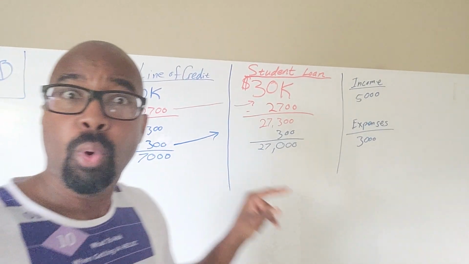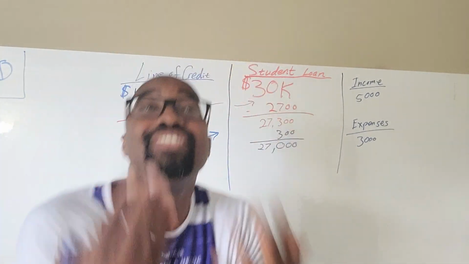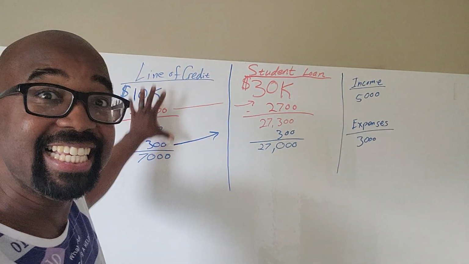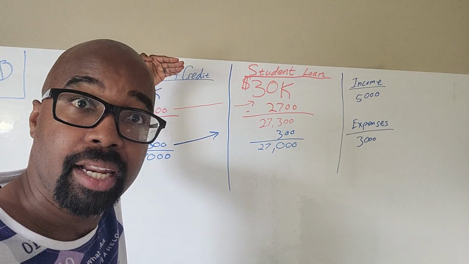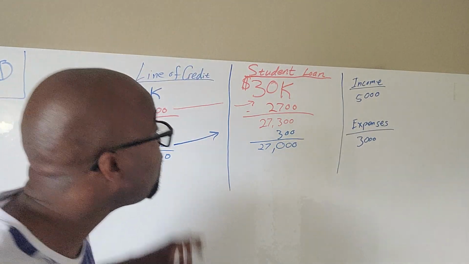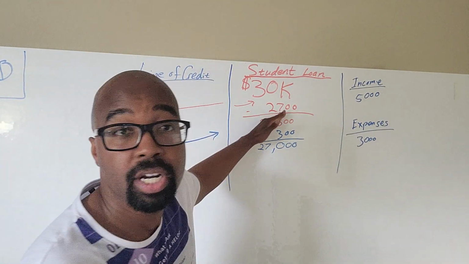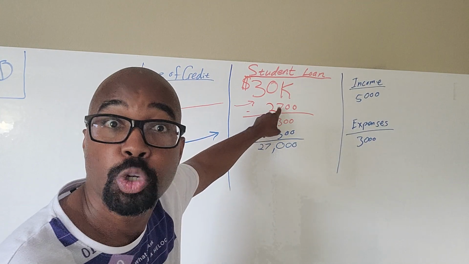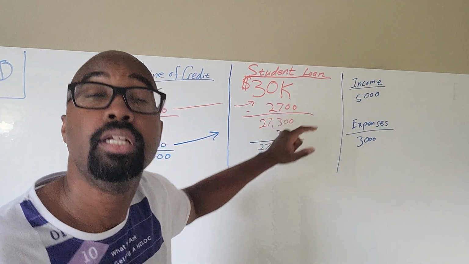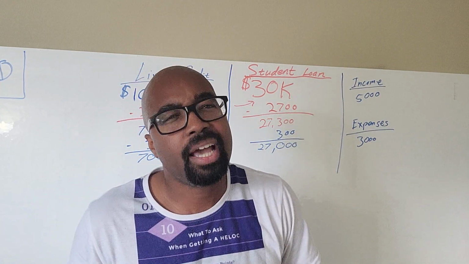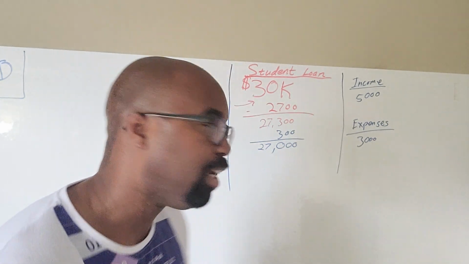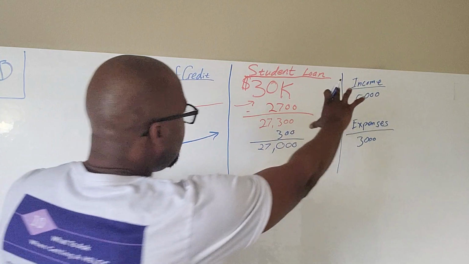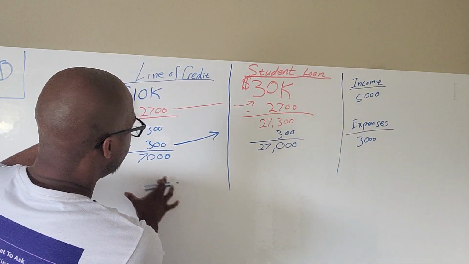And so as you build up your line of credit, as it increases and fills up, what are you going to do after that? Are you going to put another $2,700 towards the principal? I think so. So let's just see how that looks. So you're filling it up with 5,000, right?